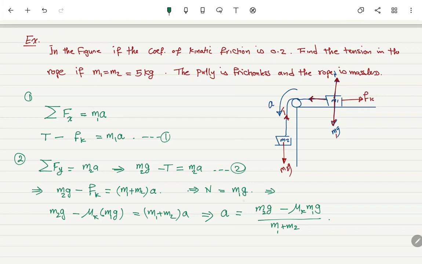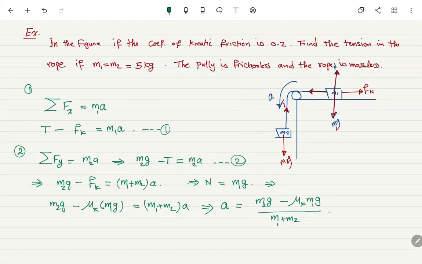When you substitute this acceleration in one of the equations, either 1 or 2, it doesn't matter actually, you will get the tension. So the tension in this case, using equation number 2, is equal to M2g minus M2 times this acceleration, M2g minus mu k M1g divided by M1 plus M2.